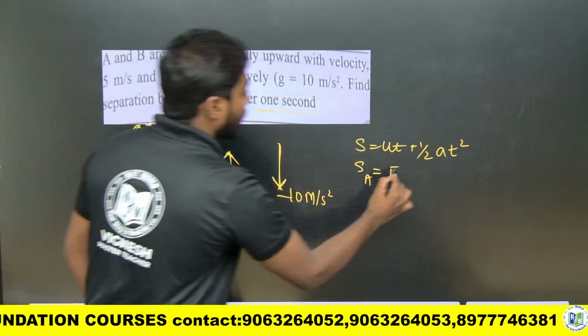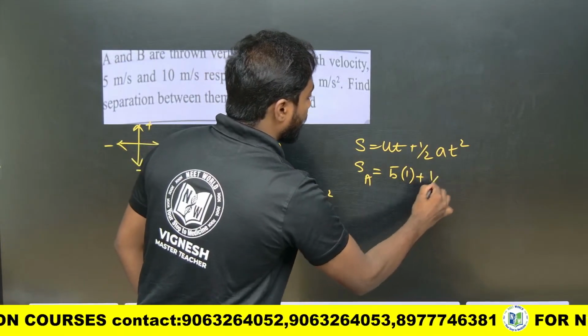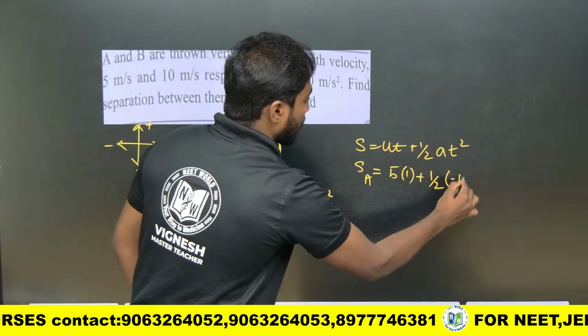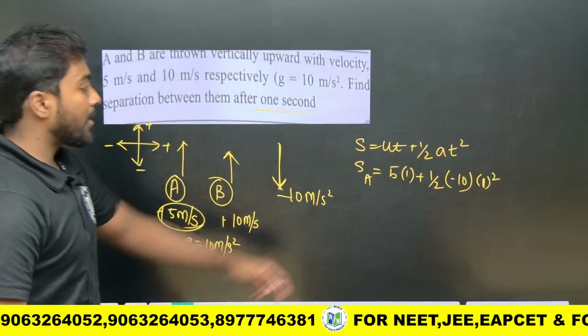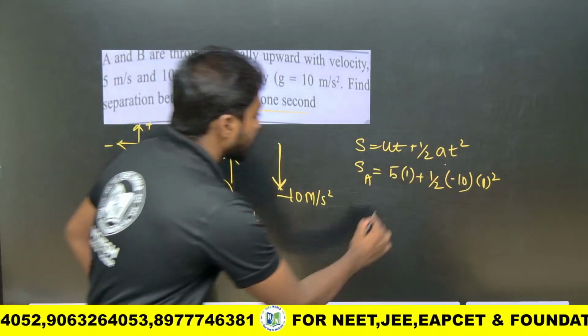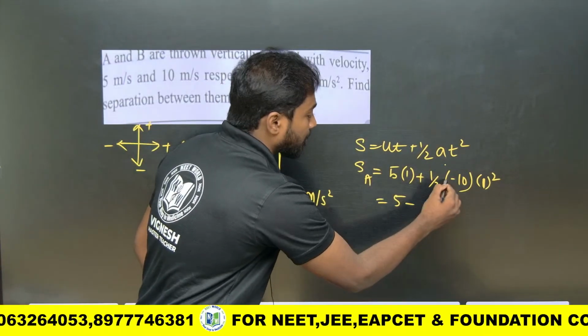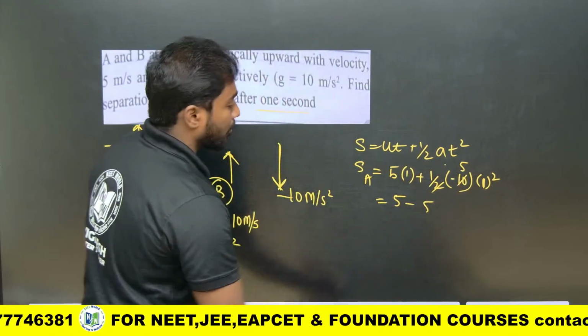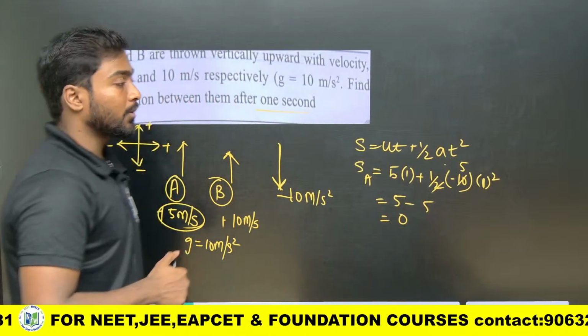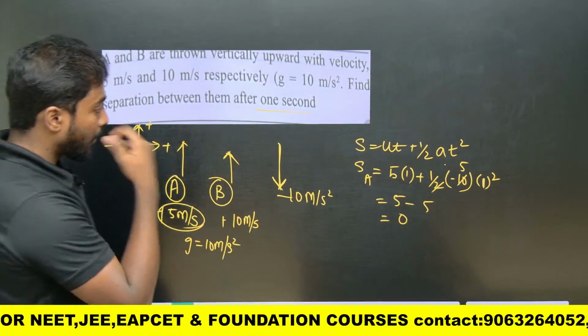So 5 into 1 plus half into minus 10 into 1 square. A is considered as G. So 5 minus 5, which is nothing but 0, right?